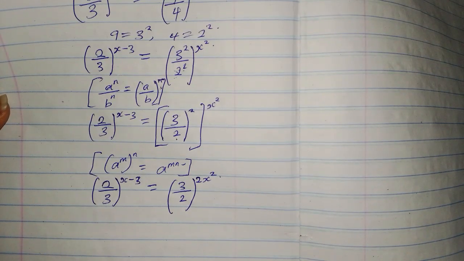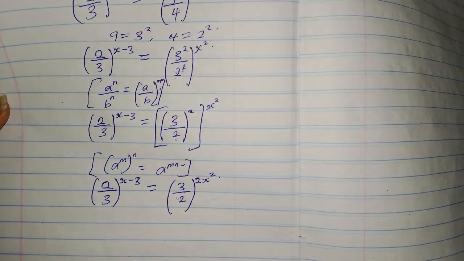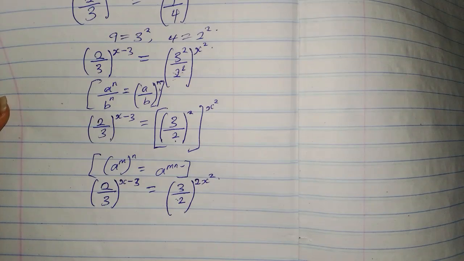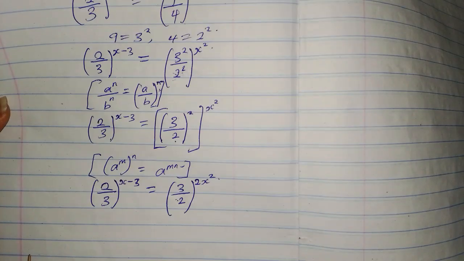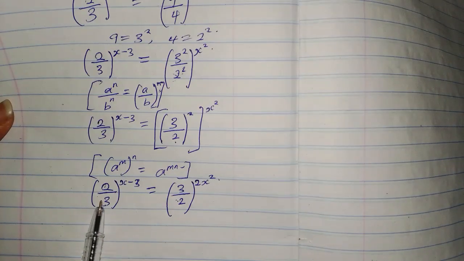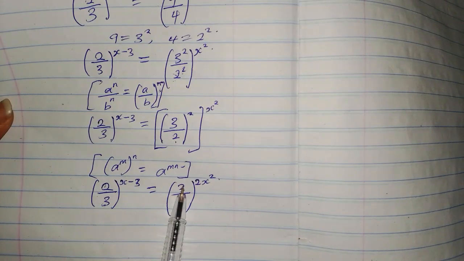Having done this, at this part, before we apply the rule, we are going to look at our sides. On our left hand side we have 2 divided by 3, and on our right hand side we have 3 divided by 2.